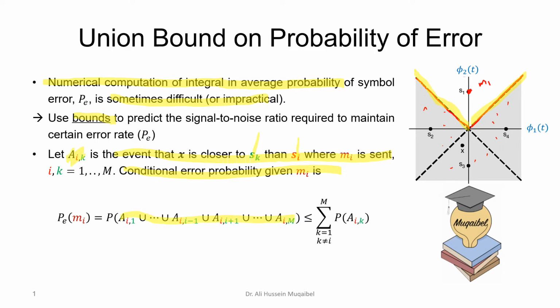If we sum all these probabilities, we get a bound on the probability of error. And we'll see in the next slide why this is not exact. Why is this a bound? Because we are taking a pair at a time. As you can see, we have a union here. It's called the union bound.